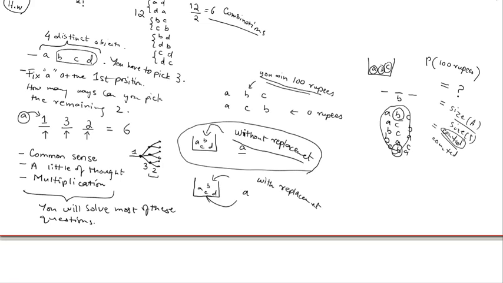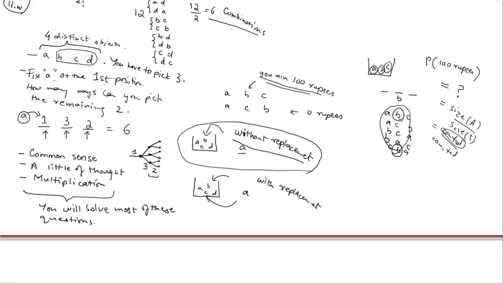You have to pick only 3 from these 4 objects. But the condition was you fix A at the first position, which means you can't really pick the first object. The first object is already fixed at A. A is going to be at the first position.